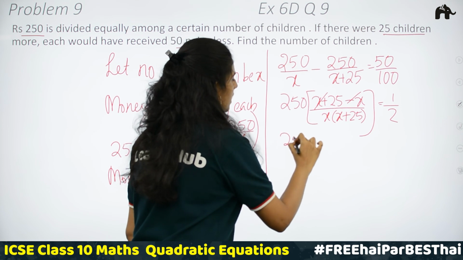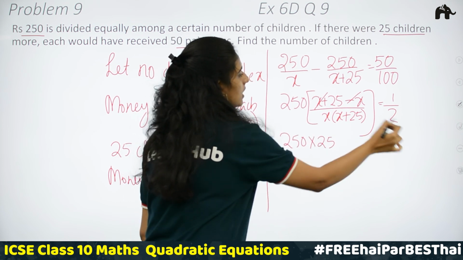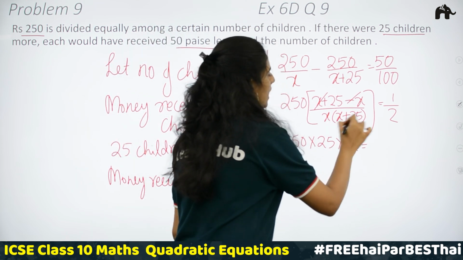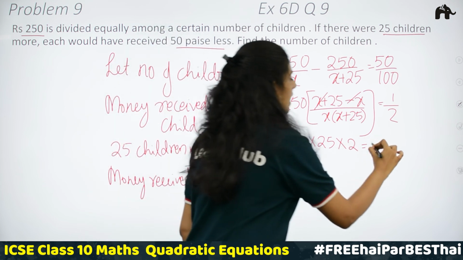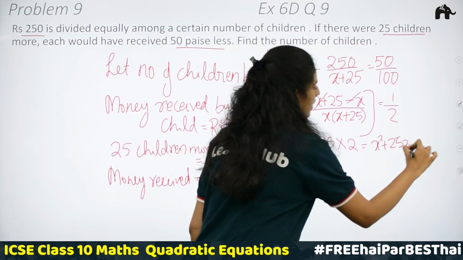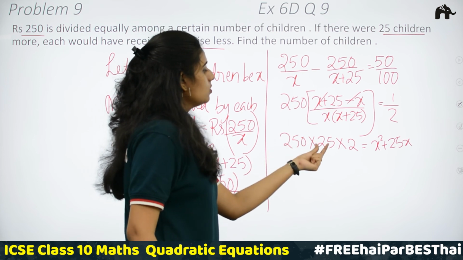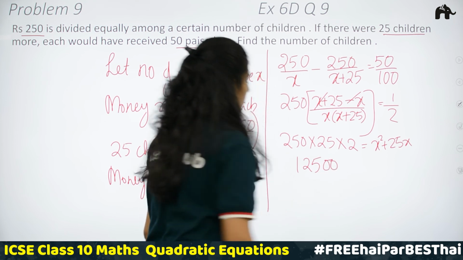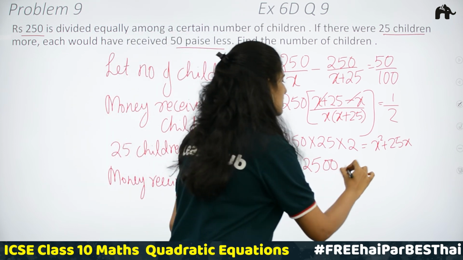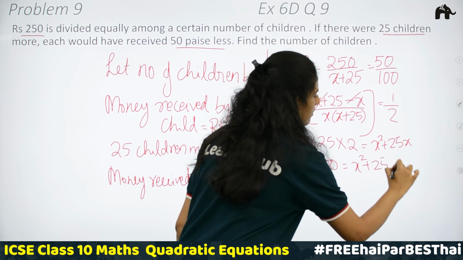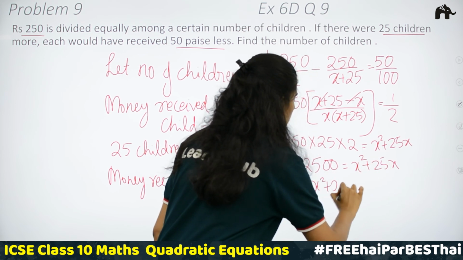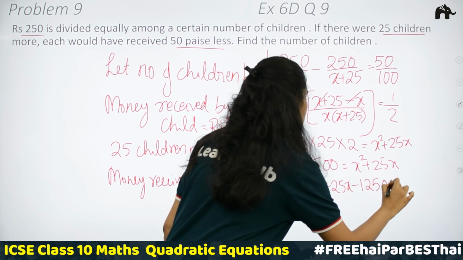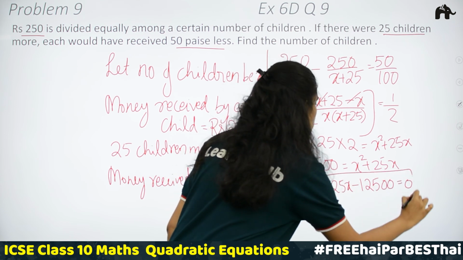We have 250 into 25, bringing this 2 to the opposite side numerator, into 2 is equal to x into x plus 25, which can be written as x square plus 25x. 250 into 25 into 2 will be getting 12500. That is equal to x square plus 25x, or x square plus 25x minus 12,500 is equal to 0. This is our quadratic equation.